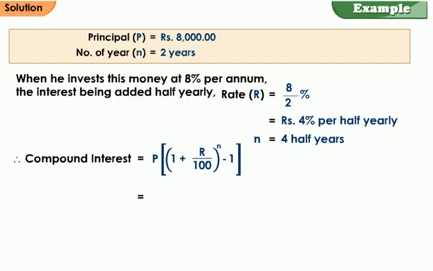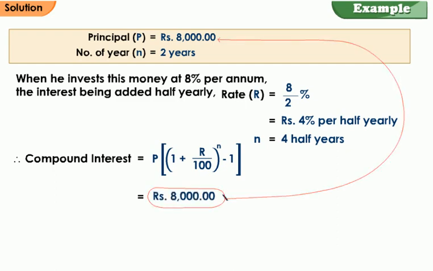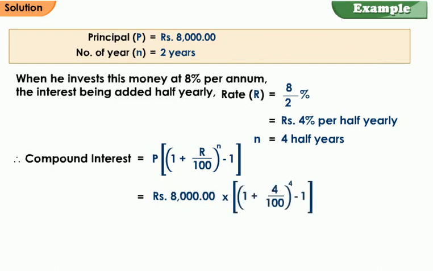That gives us rupees 8,000 into (1.04 whole to the power 4 minus 1). That is equal to rupees 8,000 into 0.16985856.